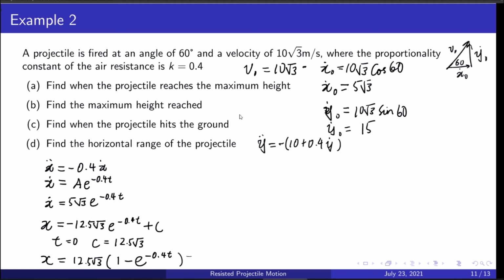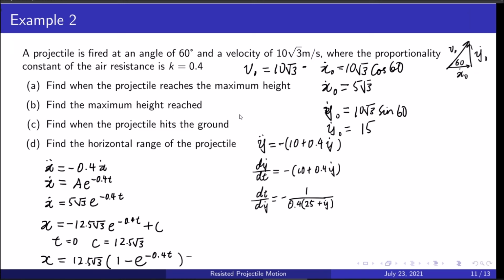So to solve this, we say dy dot over dt should equal negative 10 plus 0.4 y dot. Okay, so dt over dy dot should equal, we might as well factor 0.4 out, it probably makes things easier, so 1 over 0.4 times 1 over (y dot minus 25), or negative 1 over 0.4 times (25 plus y dot).